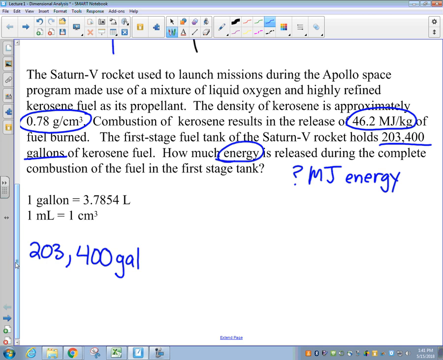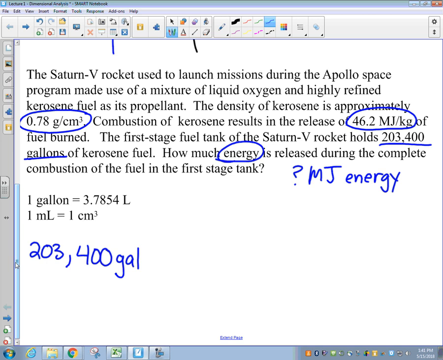In order to do this problem, there are several ways to approach it, but I think it's always helpful to look at what conversion factors you're given and to map out where you want to go in terms of your units. I'm going to work backwards. I know that I want to find how many megajoules of energy are released, so I'm going to see what information I have that relates to energy.